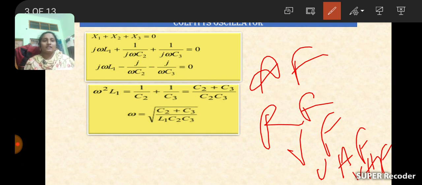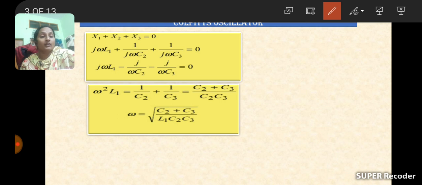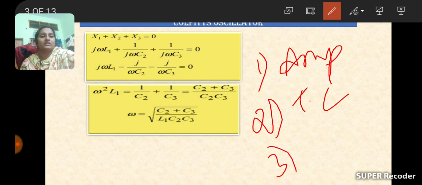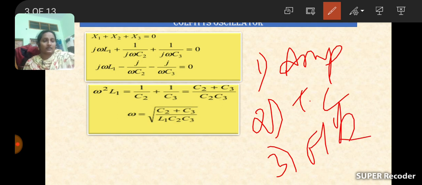In our last class we also discussed the requisites of oscillators. To construct an oscillator, what are the requirements? Not conditions, requirements: it requires three circuits. One is the amplifier circuit, another is the tank circuit, and the third is the feedback network.